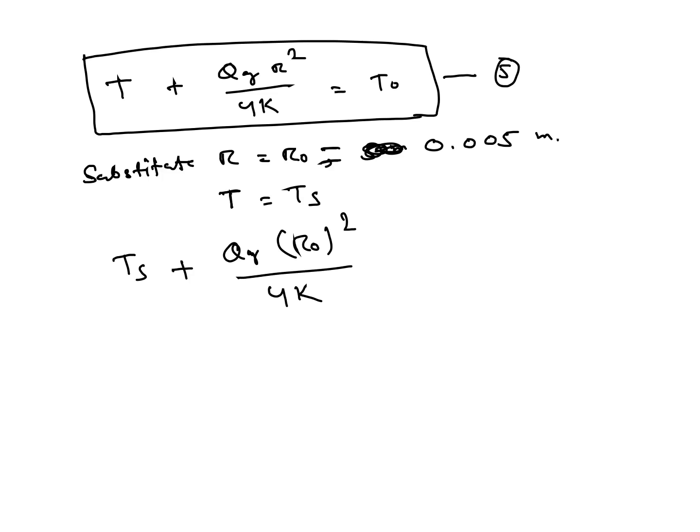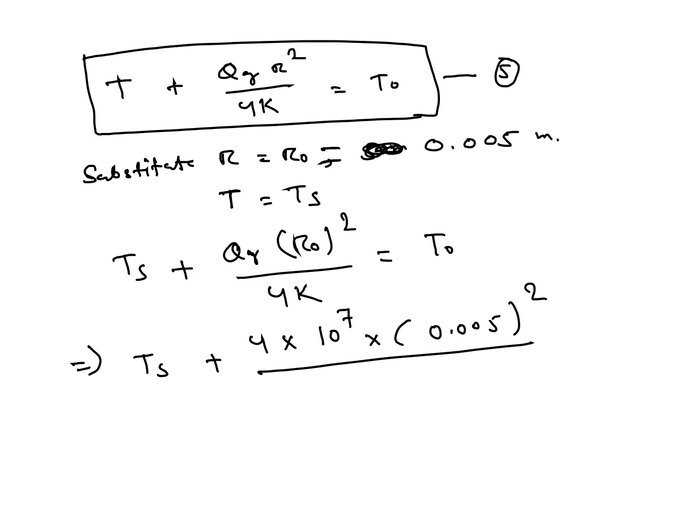Then put the values. Ts plus heat generation 4 into 10 to the power 7 into Ro 0.005 square, divided by 4 into thermal conductivity 25, equal to T0. So T0 minus Ts equal to 10 degrees Celsius. If you solve this one, you will get this answer.